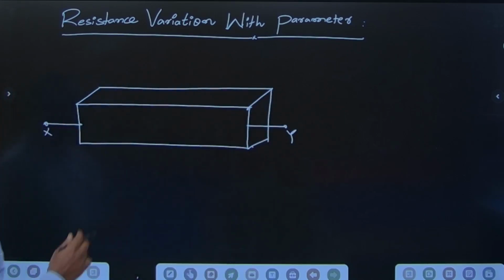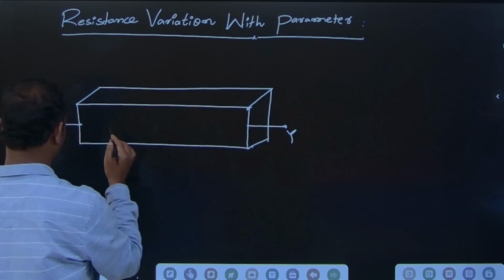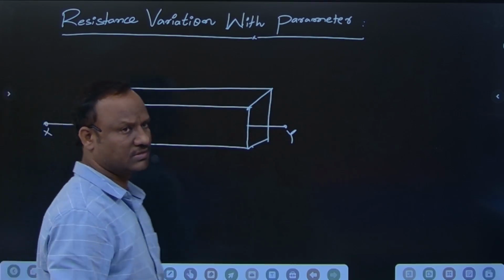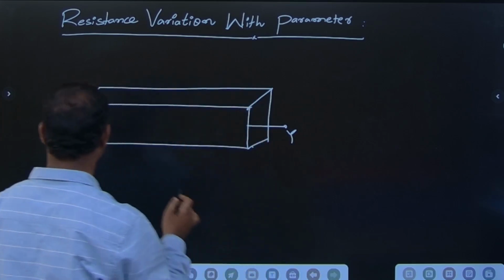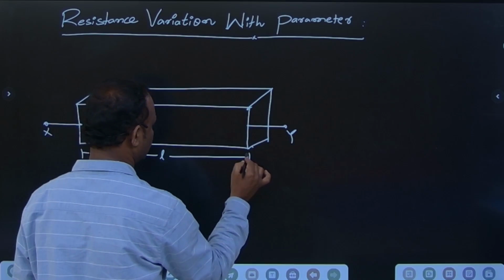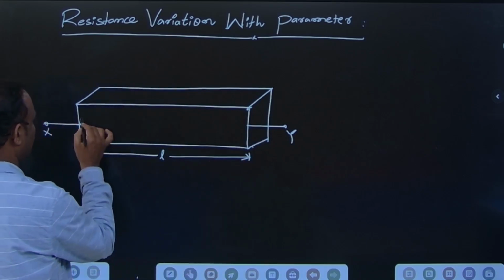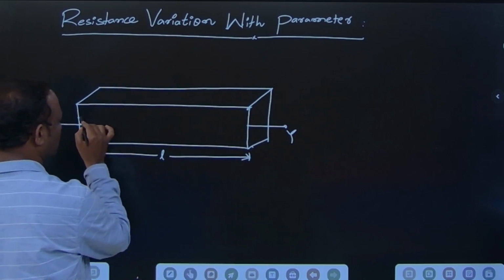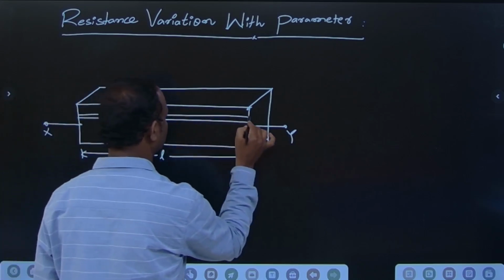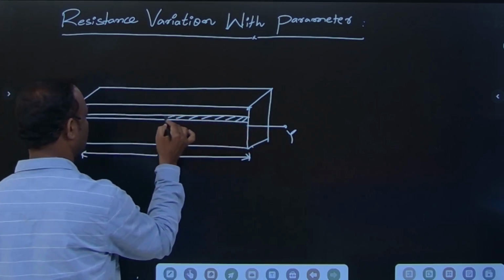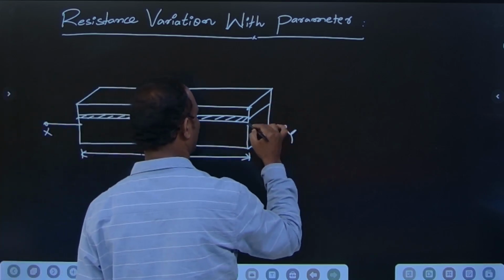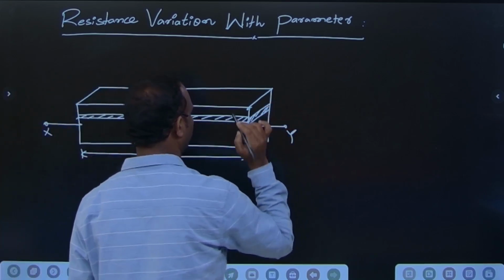Now I want to choose an elemental resistance, a length element. First of all, its length is L, the length of the conductor. So when I'm choosing this, this is the elemental resistance, a small strip divided like this.